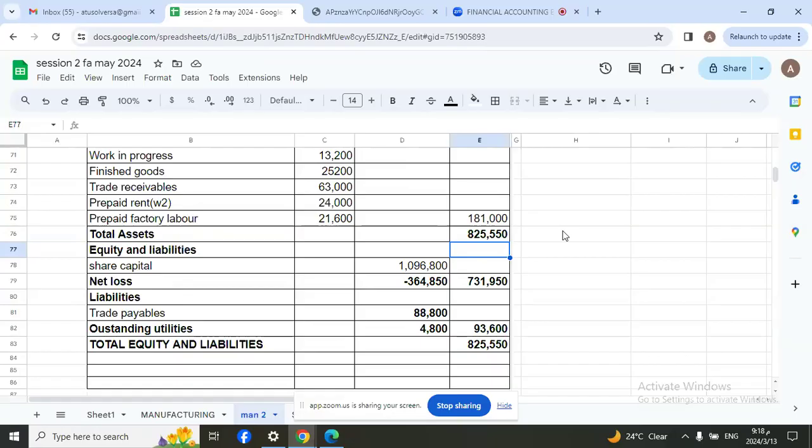That's why I told you we need to keep adding, because at the end you had seen that it has failed to balance because of wrong additions. Thank you. So it is balancing: 825,550, 825,550. Okay.